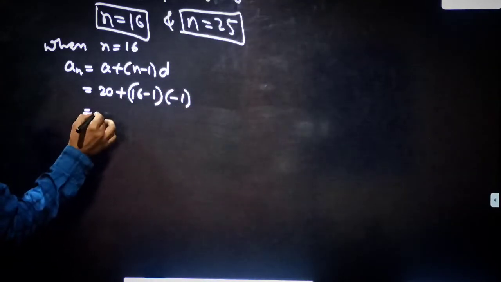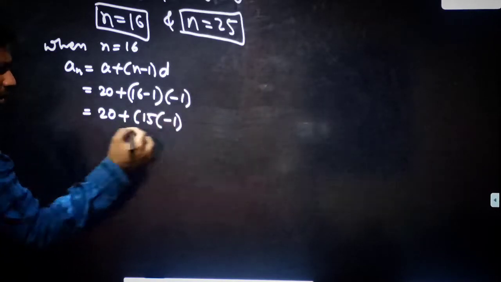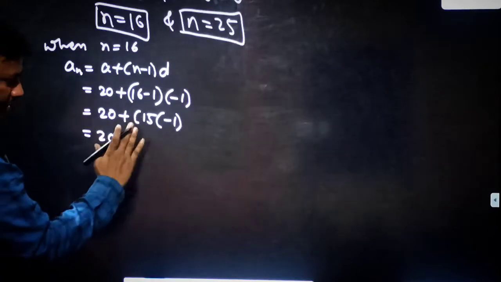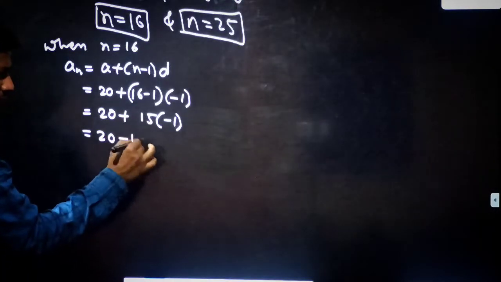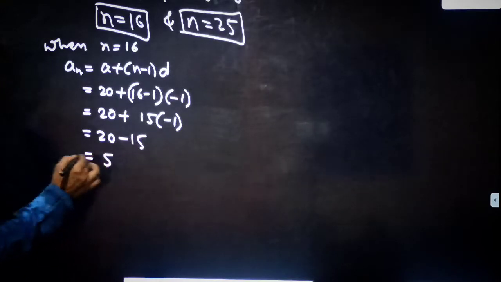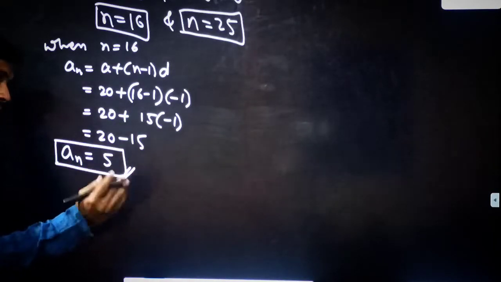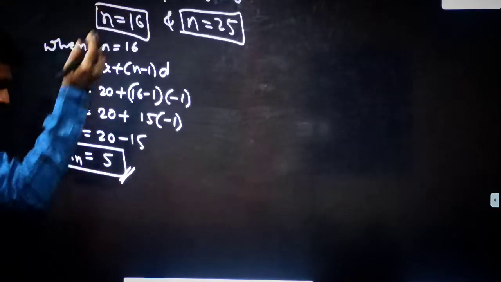This is equal to 20 plus 15 into minus 1. Minus 15. 20 minus 15 is 5. an is 5. That is the number of stacks present in the top row.